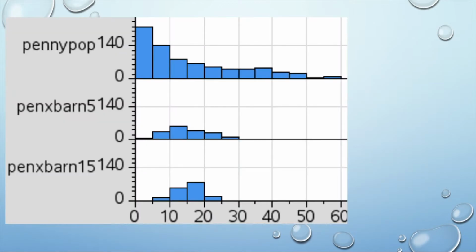Okay, another example we did in class is we took 750 pennies and we found their ages. The top graph is the ages of all of those pennies that we collected. You'll notice it's heavily skewed to the right.